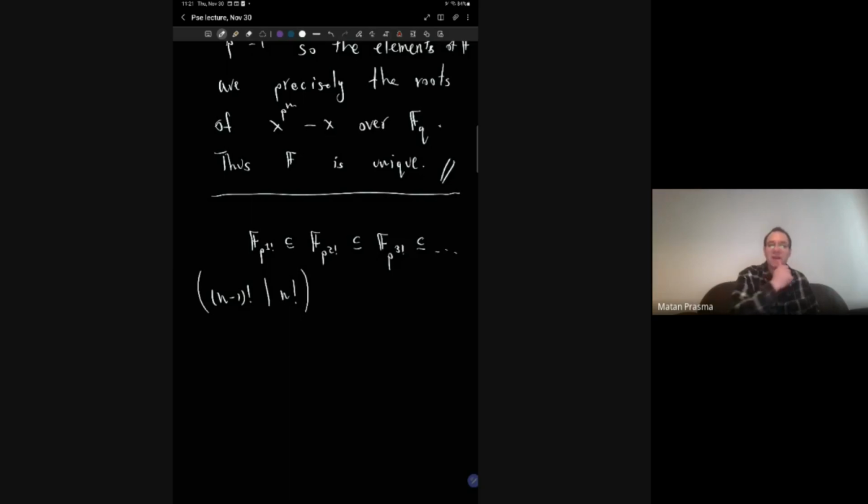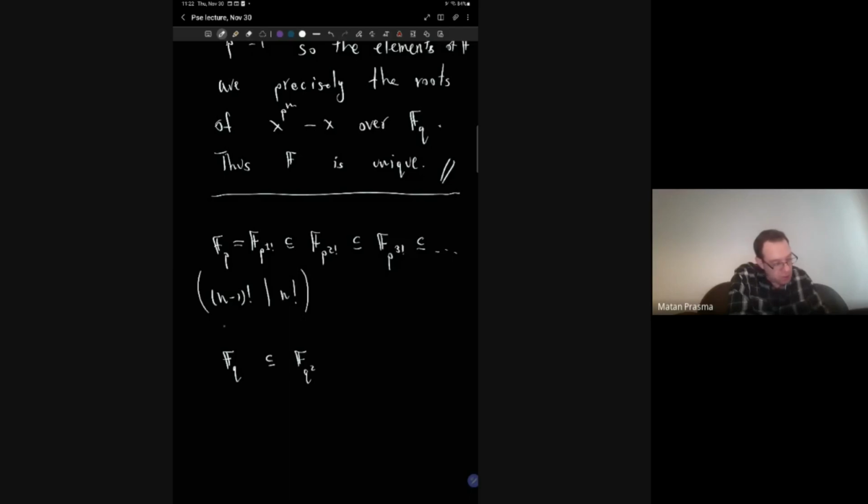And in fact, I don't have to start with F_p. I could also start with F_q, and I know that F_q is contained as a subfield in F_{q^2}.